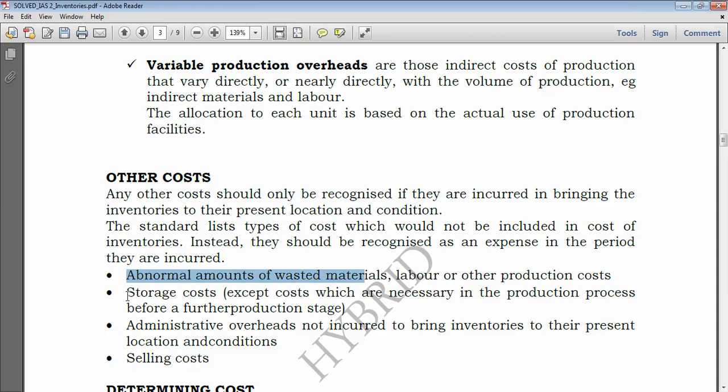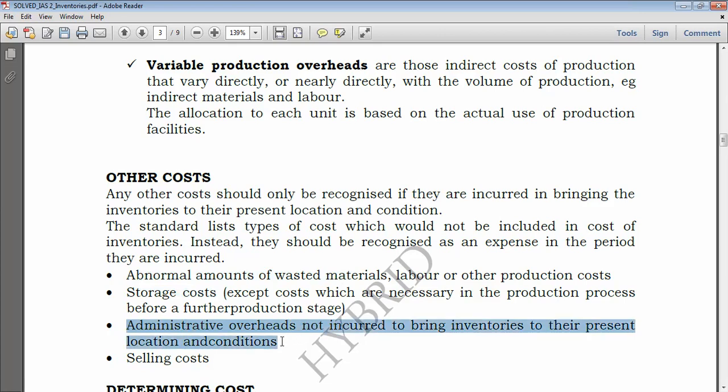But also we are told here, storage costs are only allowed when you are still making something. Let's say you are making something and you need to put it in store because it's not complete. But once a product is complete, you cannot capitalize those storage costs. They would have to be expensed. Makes sense. Also, administrative overheads not incurred in bringing inventory to its present location and condition.